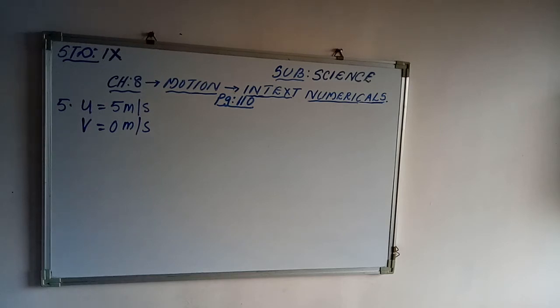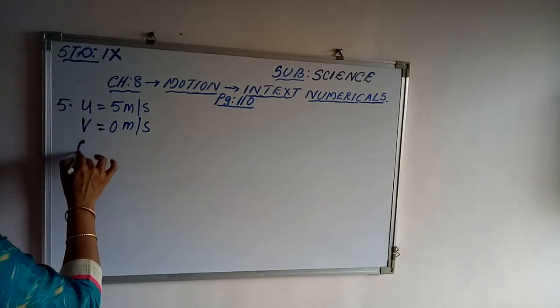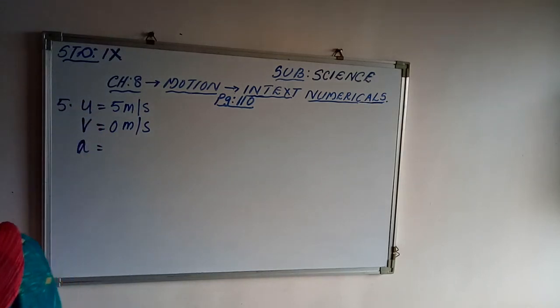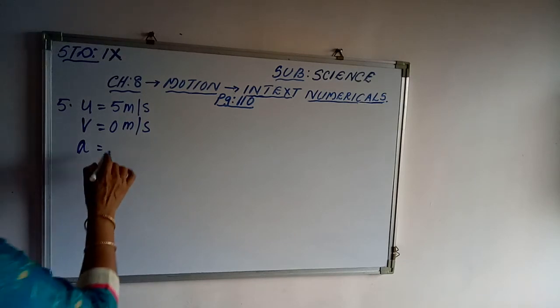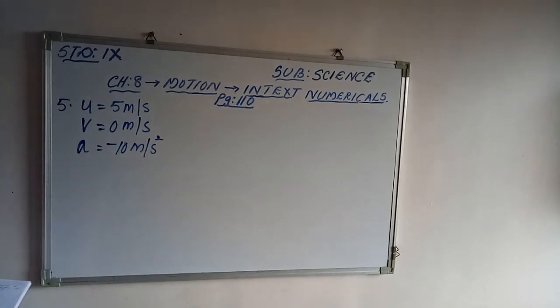And then we can write, upward direction, velocity decreasing, acceleration a is equal to, how much is the acceleration given? 10. So it is minus 10 meter per second square. So why is the acceleration negative here? As the stone is moving in the upward direction. And velocity at the highest point will be 0.